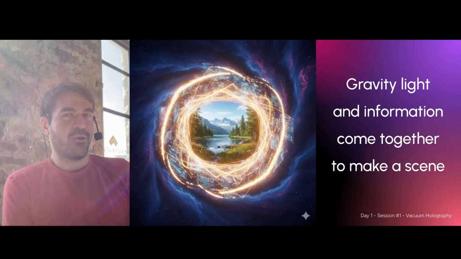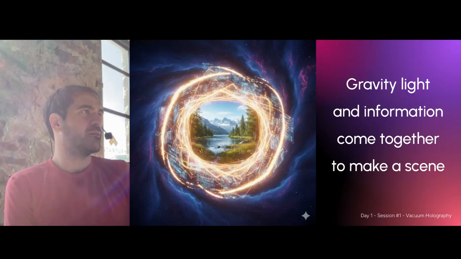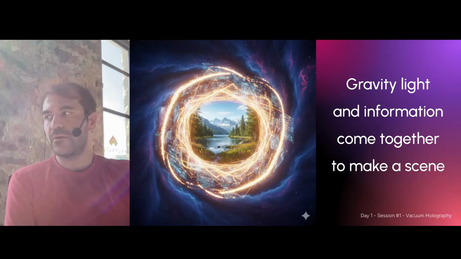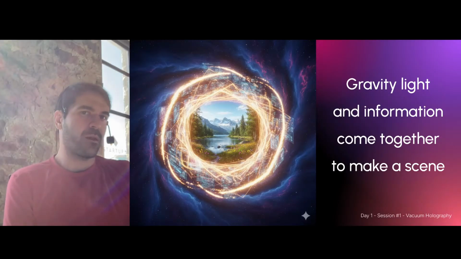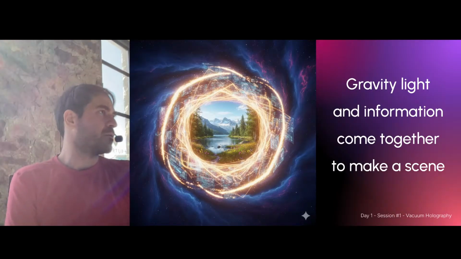If you could break down all of the components of your scene, it's gravity, light, and information. And if you ask any particle physicist, they will tell you that when you keep zooming and zooming, the only thing you get to is differences in information.